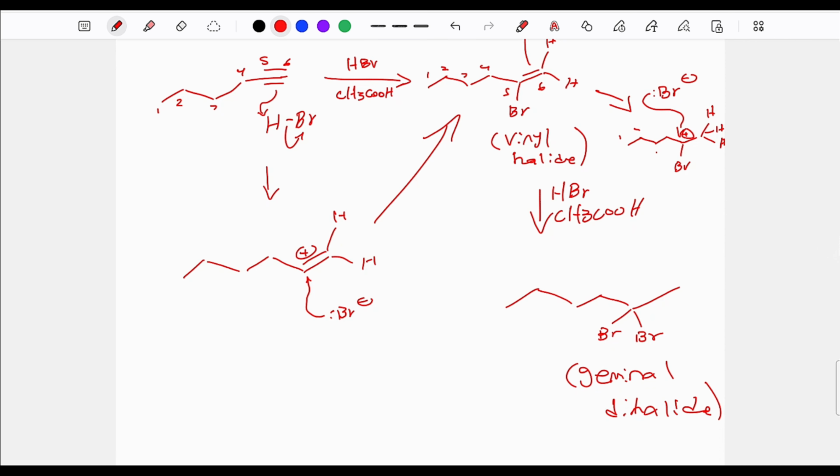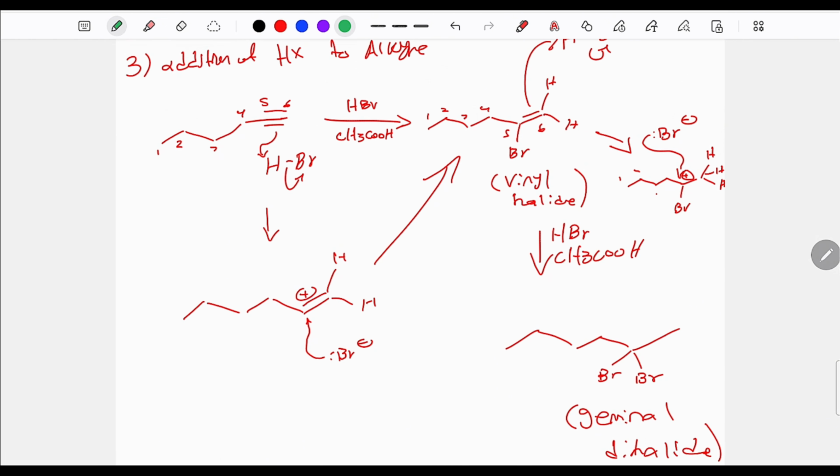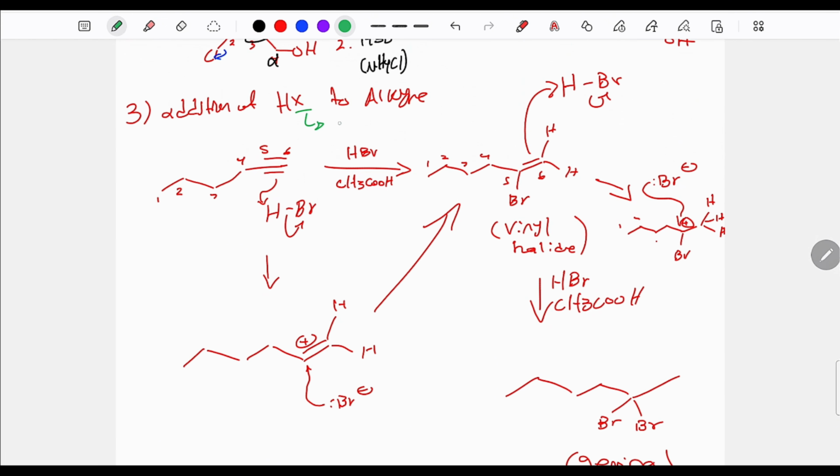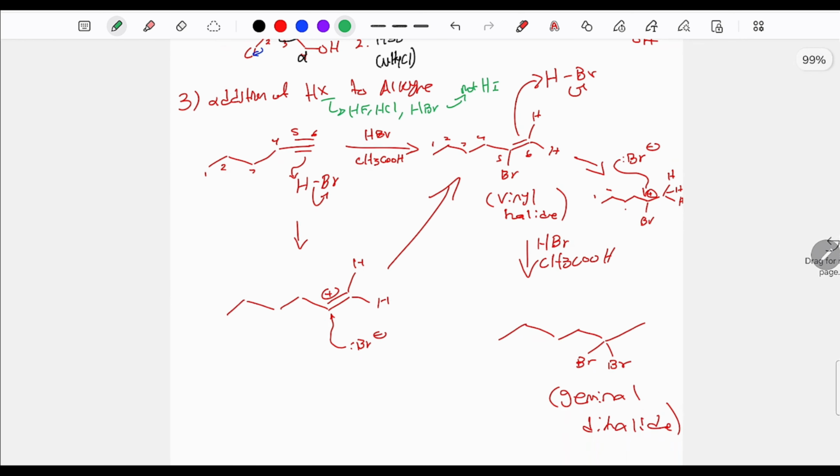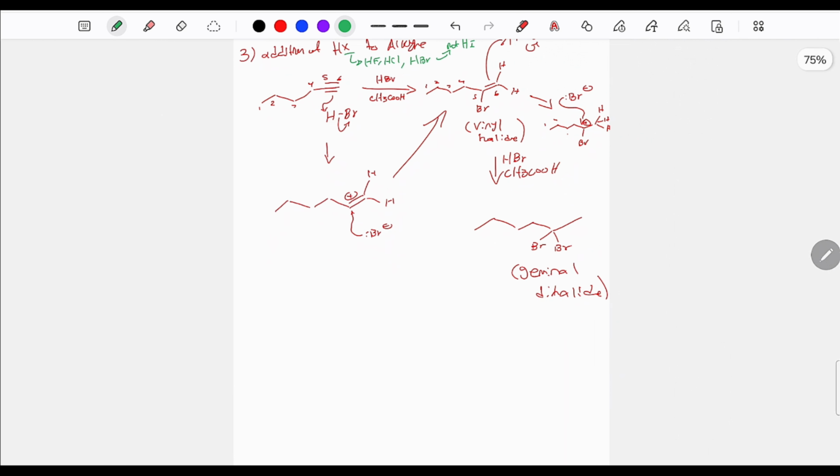If I give a second equivalent of HX to that vinyl halide, now I get a geminal halide. Okay? And you can do this reaction with X being HF, HCl, HBr, but not HI. Okay? Not with HI. All right.